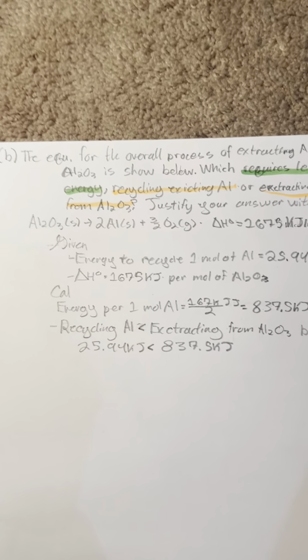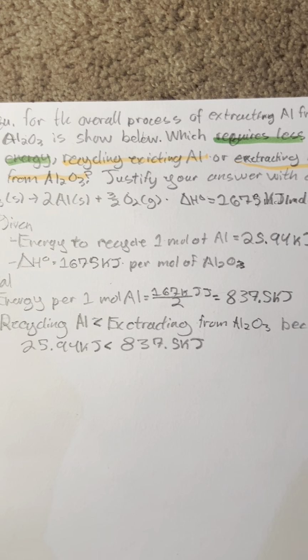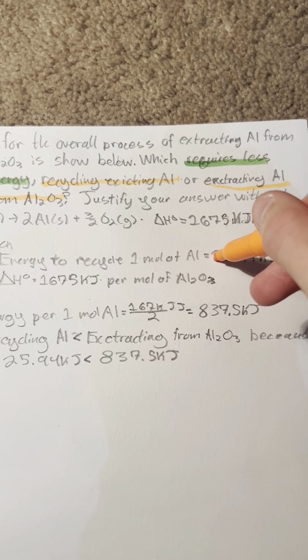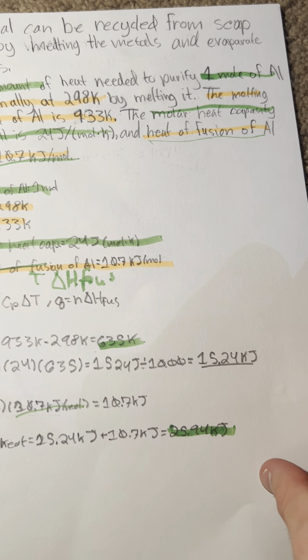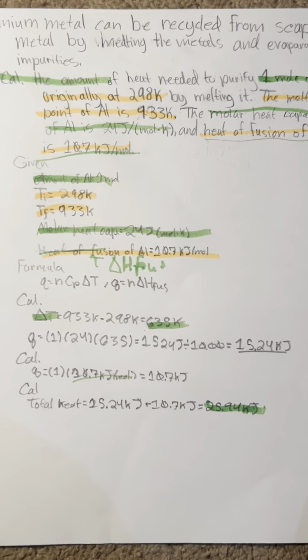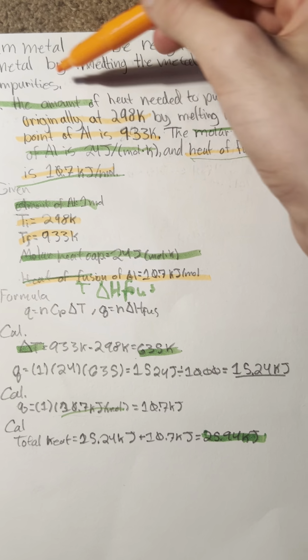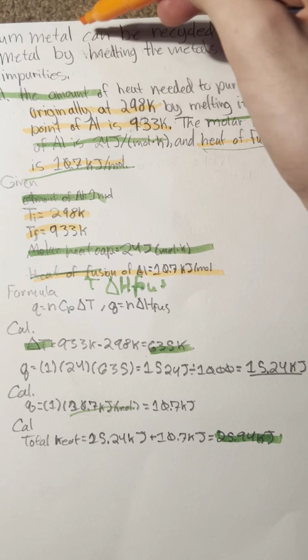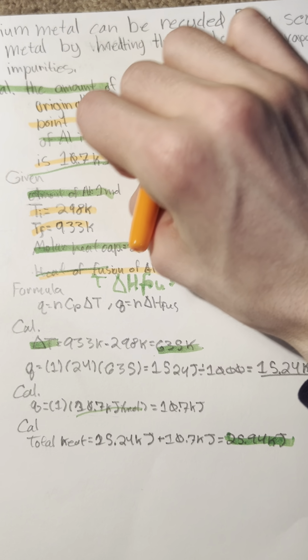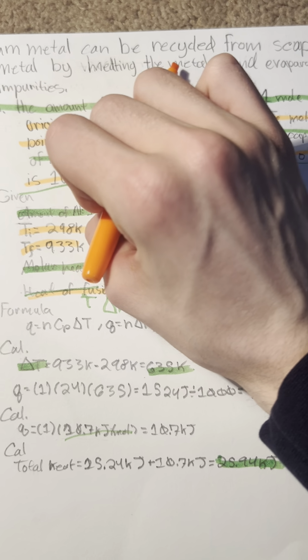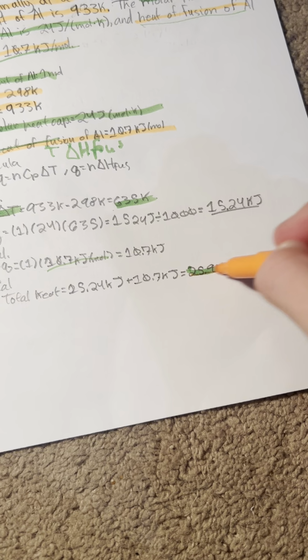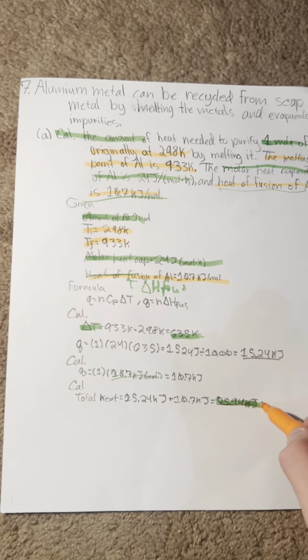Now, this value right here, we get from here. The question says aluminum metal can be recycled from scrap by heating the metals and evaporating impurities. We are given the total heat of the evaporation.